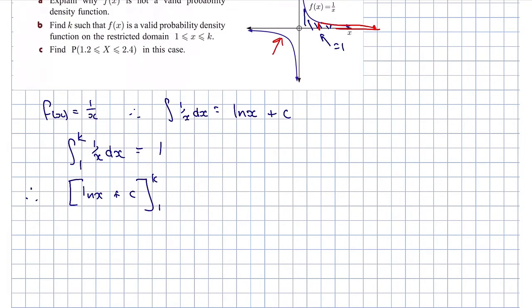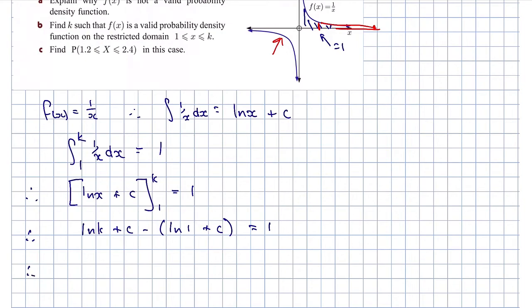So we're going from 1 to k, and we know that that equals 1. Plugging it in, we've got ln k plus c, take ln 1 plus c equals 1. Now you've got plus c and then this negative with this plus c, and they cancel out.